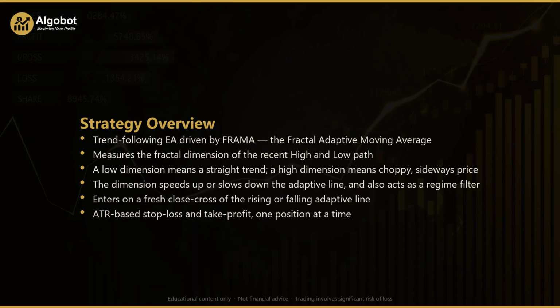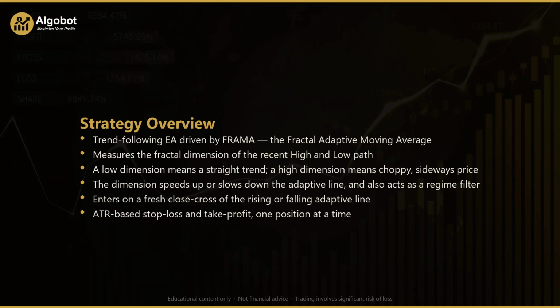That flattening is the whole point, because it's the choppy, sideways conditions that tend to trip up ordinary moving average systems. Second, the dimension doubles as a filter. The strategy only takes trades when the dimension confirms a trending regime, and it stands aside when the path looks too jagged. So the same measurement that shapes the line also decides whether the environment is worth trading at all.